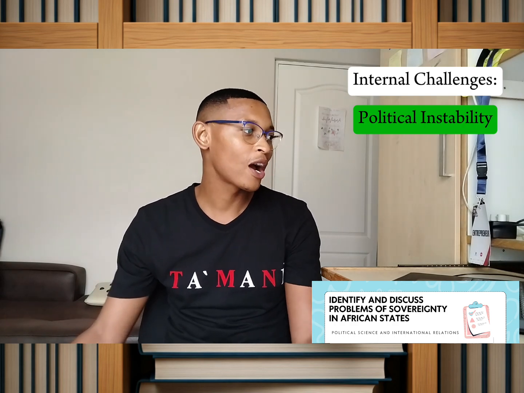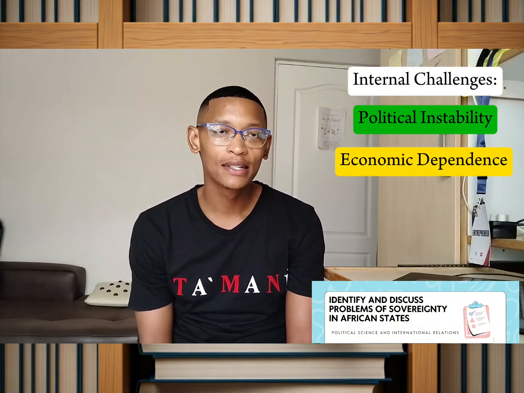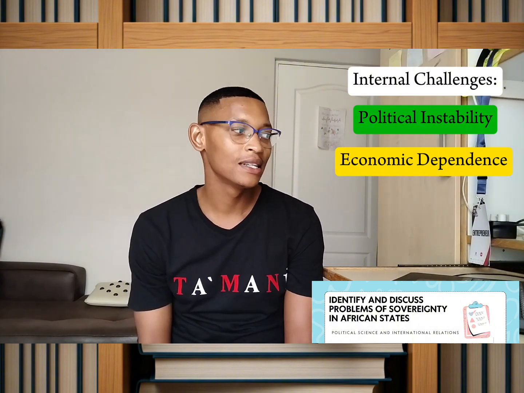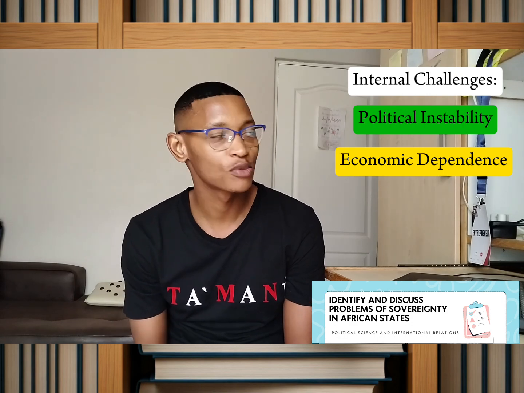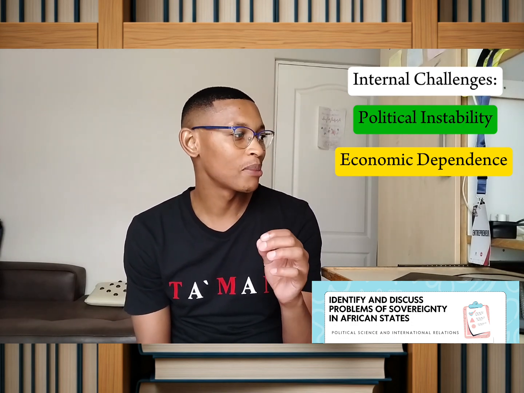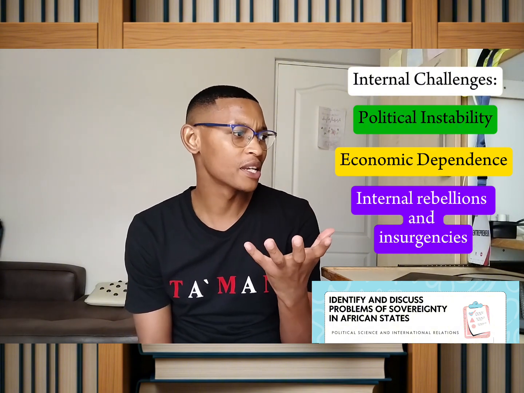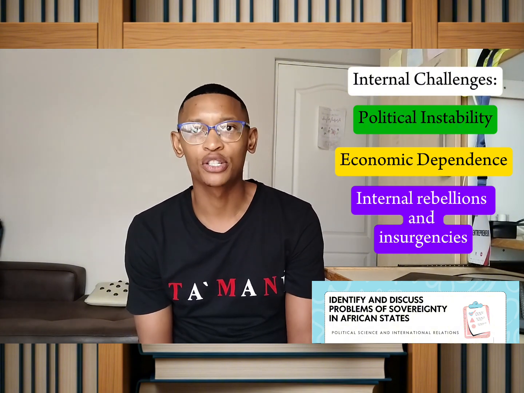So now we also look at economic dependence: over-reliance on foreign aid or a single commodity, leading to external influence. So many examples. And we look at internal rebellions and insurgencies, which are groups seeking autonomy or secession. And we have the external challenges.